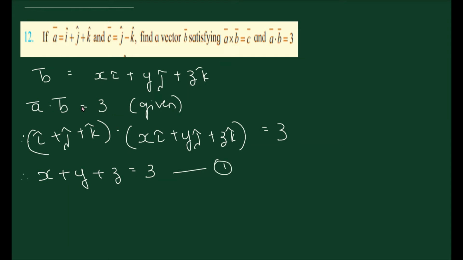Now the other condition given to us is A cross B is equal to C. Again, this is from the question.